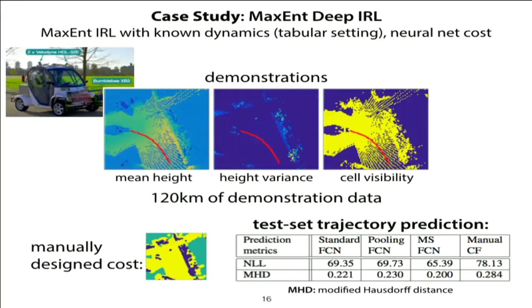They evaluated the method on a test set of demonstration trajectories and evaluated the negative log likelihood of those held out trajectories, as well as this distance function between trajectories, and found that using the learned neural network cost is able to significantly improve the negative log likelihood of the test trajectories, as well as decrease the distance between the trajectories using the learned cost versus the manually designed cost.